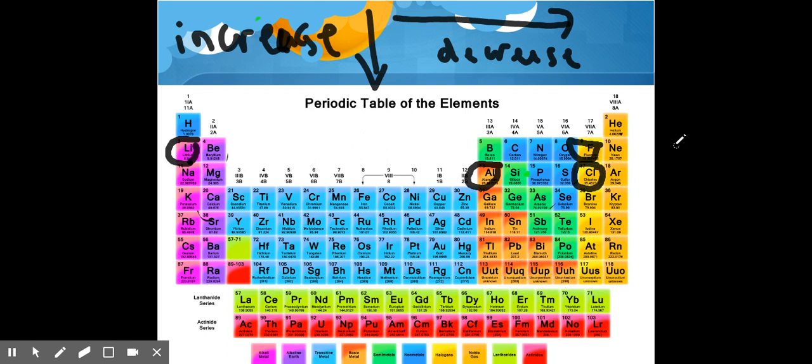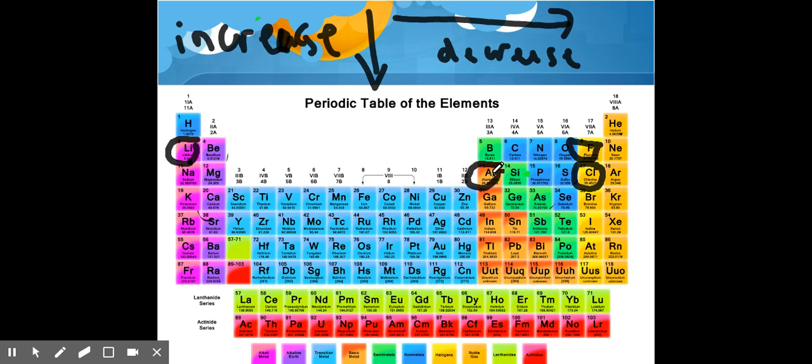And now what we're going to do is write these in order of largest to smallest. So first of all, our largest element is going to be the one that's the furthest down. Okay, so aluminum and chlorine here are in the same period. They have the same number of energy levels.